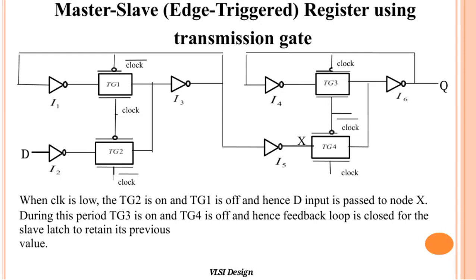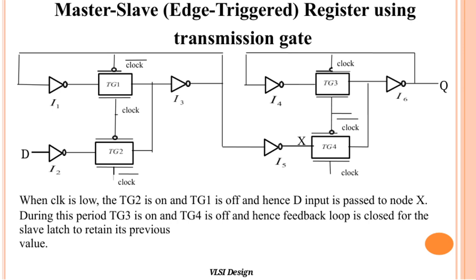Here we have the master-slave or edge-triggered register implemented using transmission gates. When the clock signal is low, transmission gate TG2 is active, allowing the data input D to pass through to node X. At the same time, TG1 is off, preventing other paths from influencing node X. During this same period, TG3 is turned on while TG4 remains off, which closes the feedback loop on the slave latch, effectively preserving its previous value and preventing any changes.